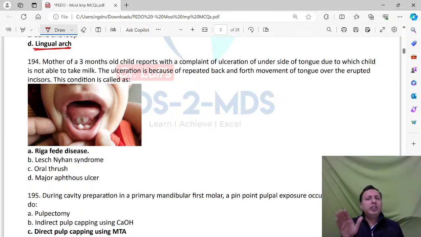And I have told you this in the chapter of the development of occlusion, where we talked about the physiological spaces, the primate spaces, and we talked about the first transitional period, the inter-transitional period, as well as the second transitional period. And I have told you about the early mesial shift and also the late mesial shift. So remember, these are some of the things that are considered to be self-correcting. They get corrected on their own, so no treatment needs to be done.